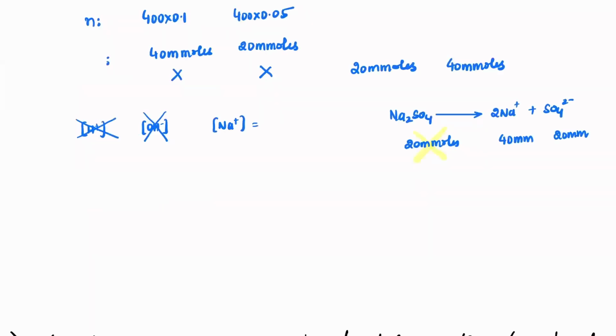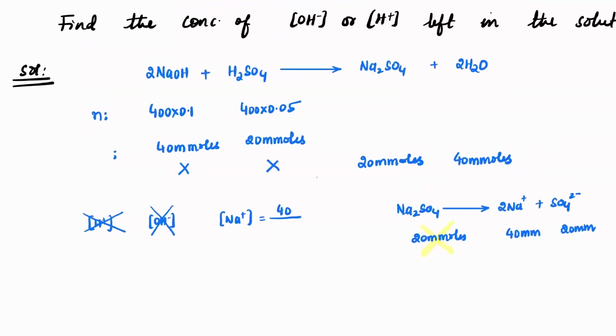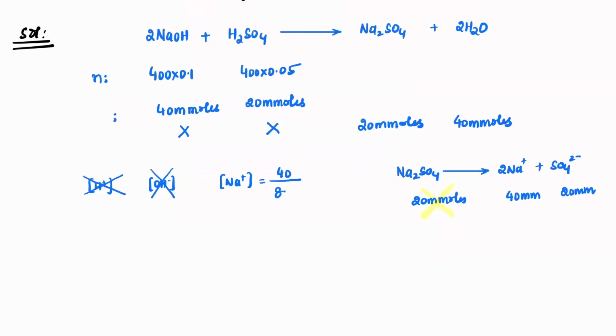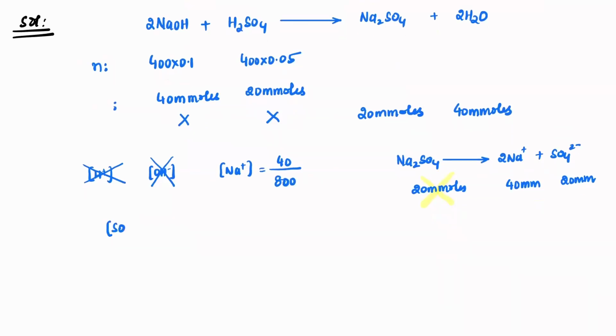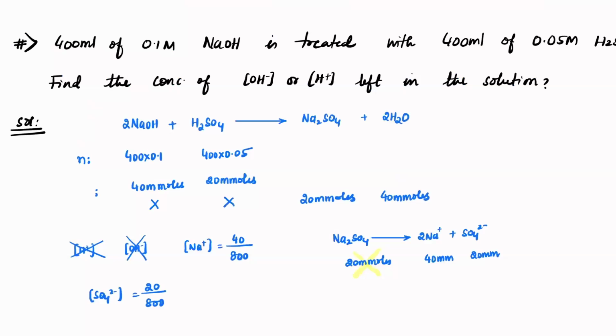Therefore, Na plus concentration will be 40 upon total volume. In this case, 400 plus 400, that makes it 800. Similarly, SO4 2 minus will be equal to 20 divided by 800. This will be the ion concentration.